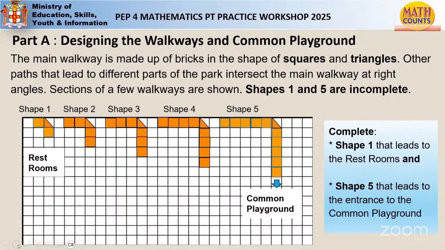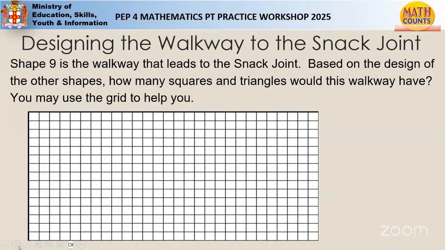So let's go to this other part now. You are being asked to design the walkway to the snack joint. Shape 9 is the walkway that leads to the snack joint.